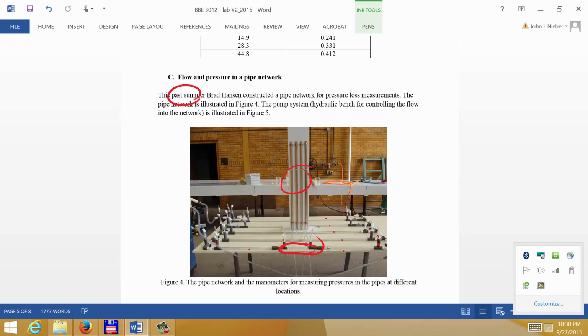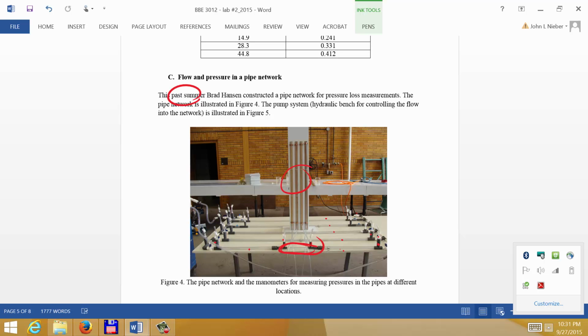So we'll have each team make measurements on just one set of the devices for all 3 flow rates, and that'll reduce the amount of work that's required.